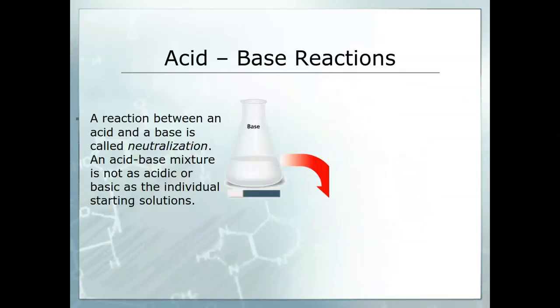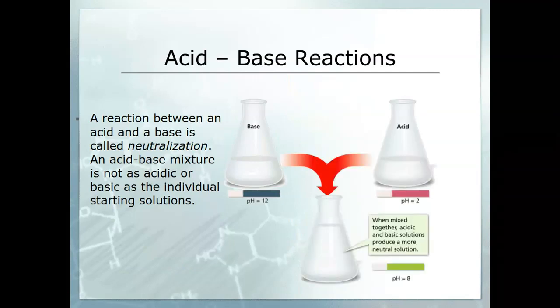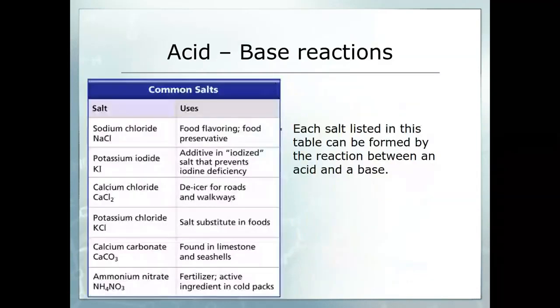Now, an acid base reaction, when you combine a basic solution and an acidic solution, it's just neutralization where they combine and then meet somewhere in the middle. So they combine and they're not as acidic or as basic as they were before. They're somewhere in between.